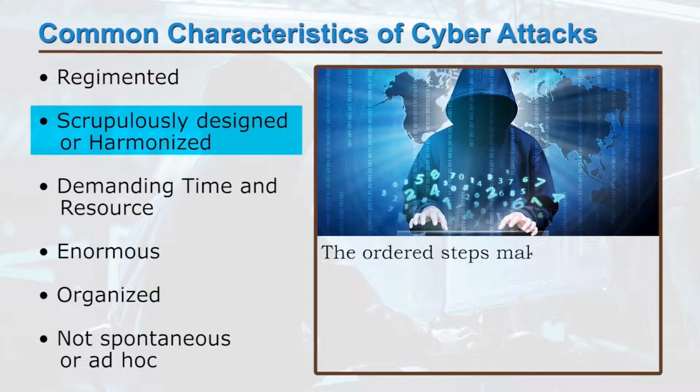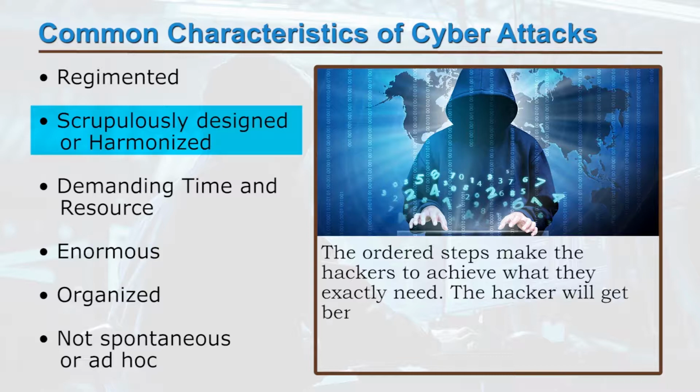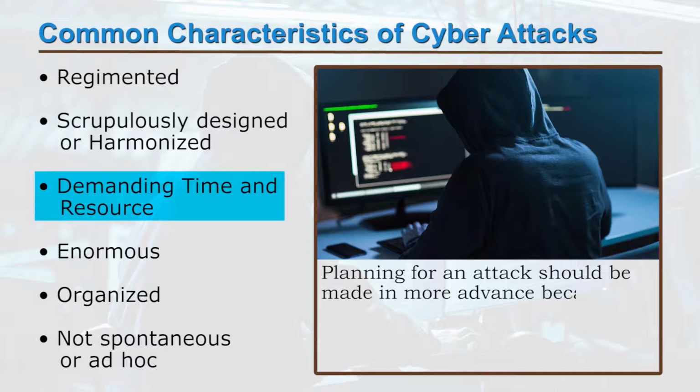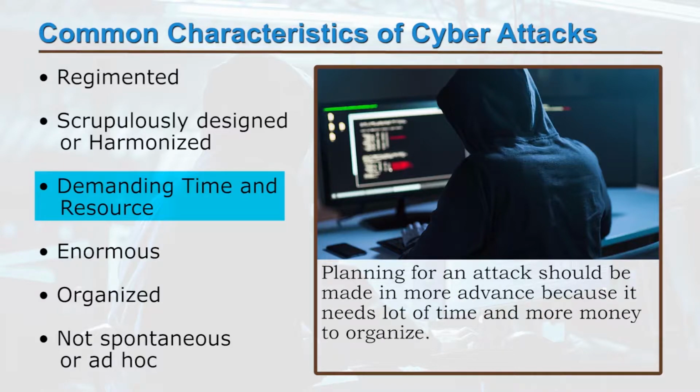The ordered steps help the hackers achieve exactly what they want to do, and the hacker will benefit in time. Third, demanding time and resource. Planning for an attack should be made in advance because it needs a lot of time and more money to execute as well as to organize.